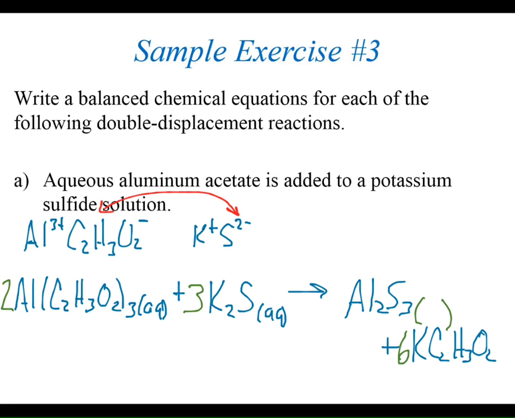If it's ammonium, it's always soluble. If it's nitrates or acetates, it's always soluble. If it's chloride, bromide, iodide, it's always soluble, except with silver, lead 2, and mercury 1. If it's sulfate, it's always soluble, except with barium, lead 2, calcium, and strontium, I think. Everything else is insoluble.